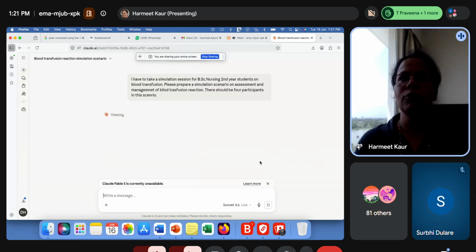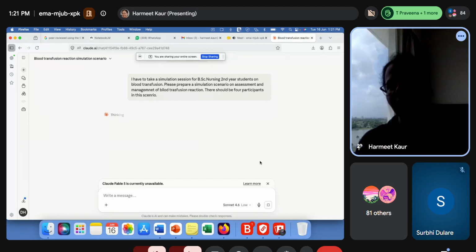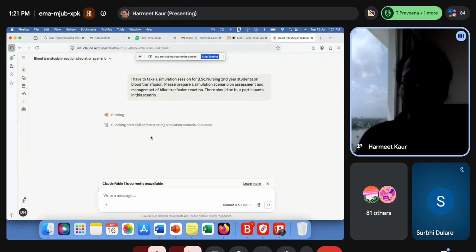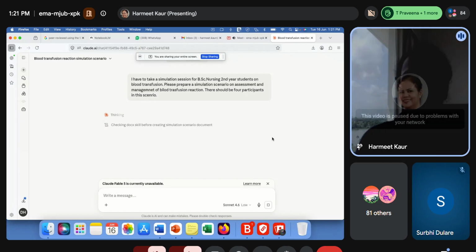We don't have to fully trust Claude or AI, because sometimes AI can make mistakes. Because you are a knowledgeable person and an expert in that area, you can definitely know what is right and what is wrong, and accordingly you can prepare that scenario. Now you see it is checking the doc skill. Whatever scenario you prepare, it will prepare a document.